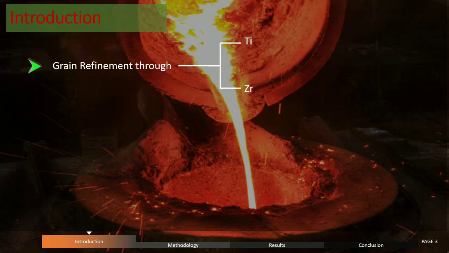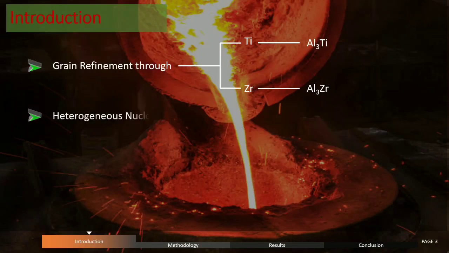In this they have refined the grains by titanium and zirconium in the aluminum melt, where Al3Ti and Al3Zr are formed, and this is a heterogeneous nucleation. There are two kinds of nucleation in any casting during solidification: homogeneous nucleation and heterogeneous nucleation.